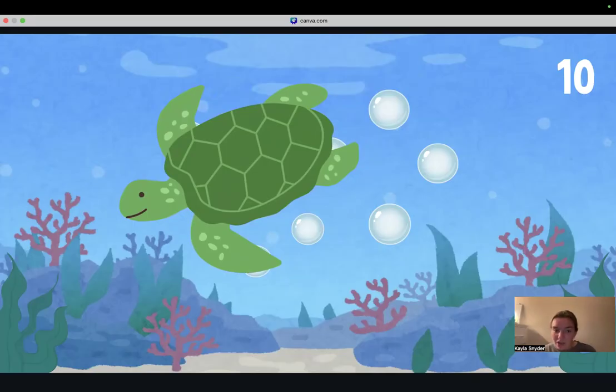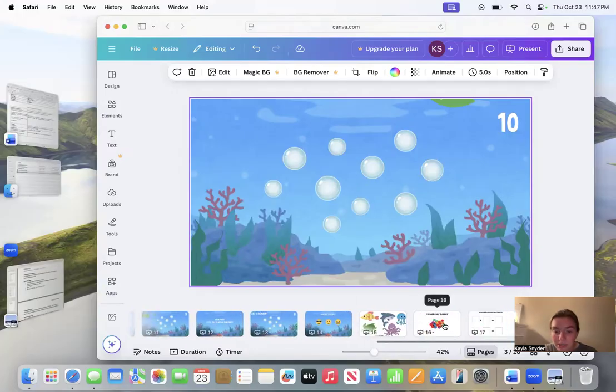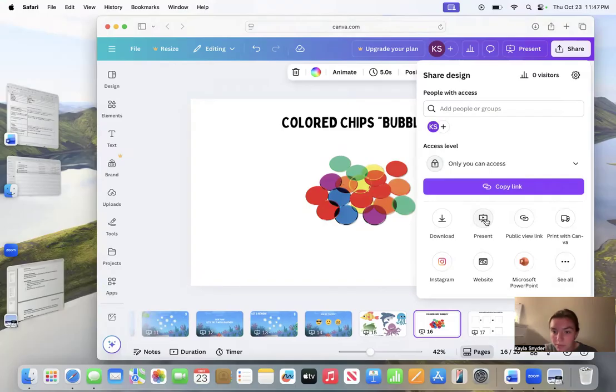And after we go through all these examples on the slides, we will then split students up to work in pairs in order for them to use their hands-on manipulatives. So these manipulatives include colored chip bubbles.